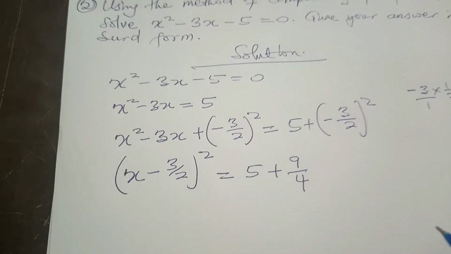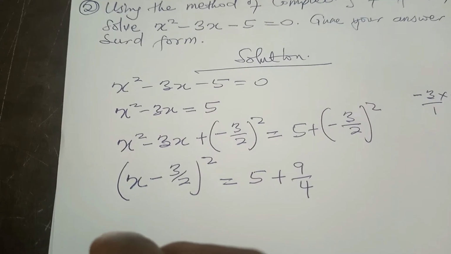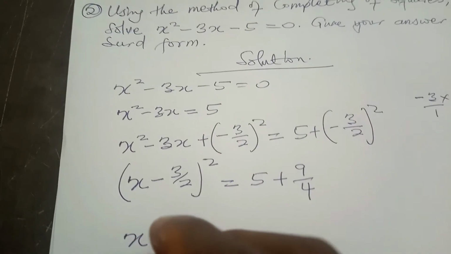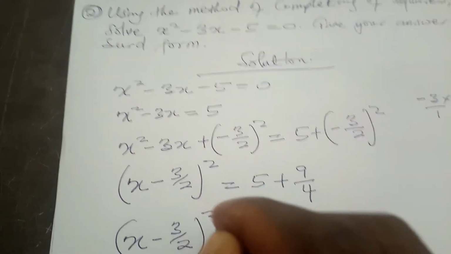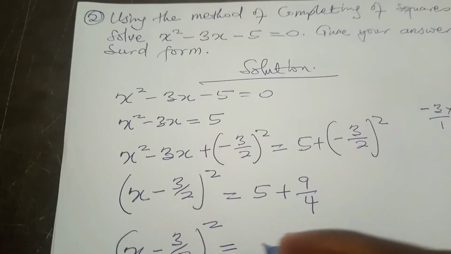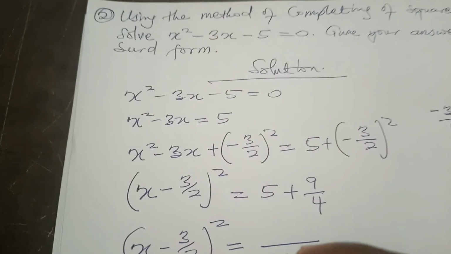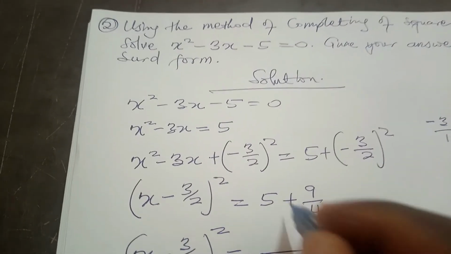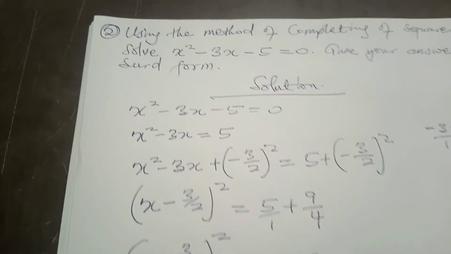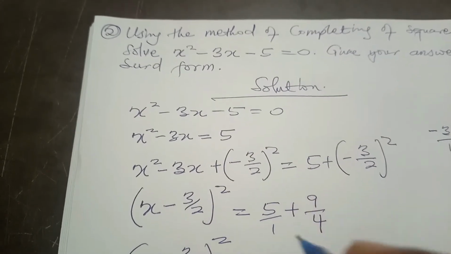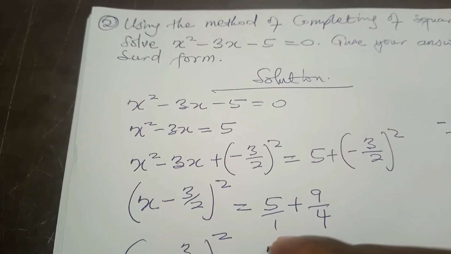To simplify the right hand side, we are going to have x minus 3 over 2 all squared equals to, LCM is 4. This is over 1. 1 will go into 4 times 5 is 20.